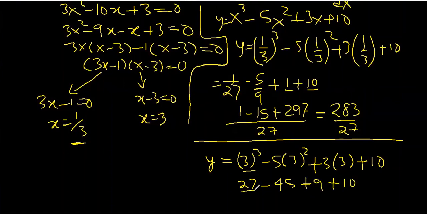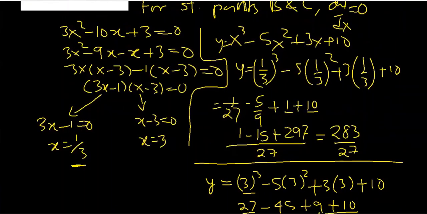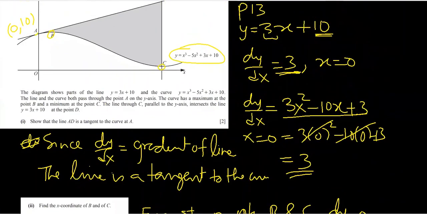So 27 plus 19 is 46, minus 45 is just 1, positive 1. And that makes sense, yeah? Thus, the coordinate of C becomes (3, 1). And the coordinate of B was (1/3, 283/27).